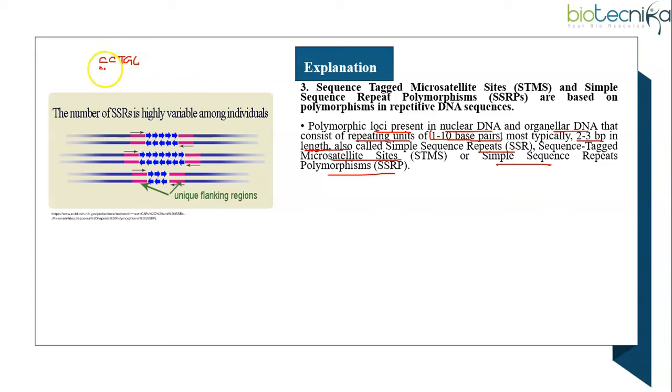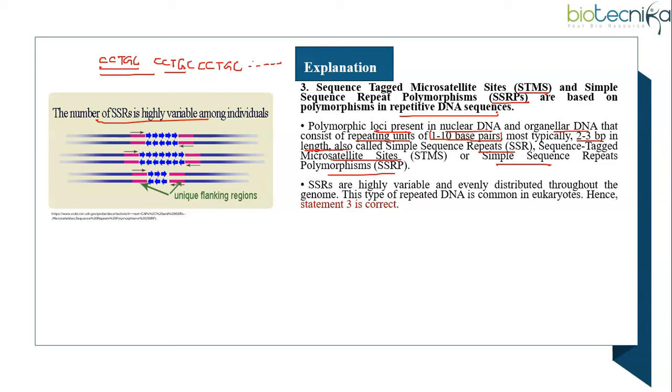Now this sequence of 5 base pairs can be repeated several times: CCTGC, CCTGC, and so on. Different individuals can have this repeated several times. So there is no change in the sequence, but the number of times the sequence is repeated can vary in different individuals. So yes, we can say STMS and SSRPs are based on polymorphisms in repetitive DNA sequences, and hence statement 3 is correct.